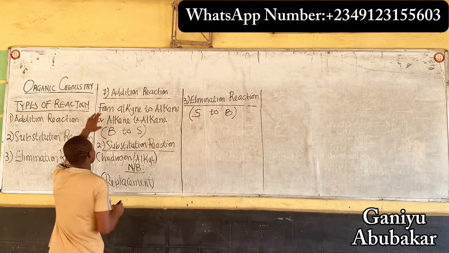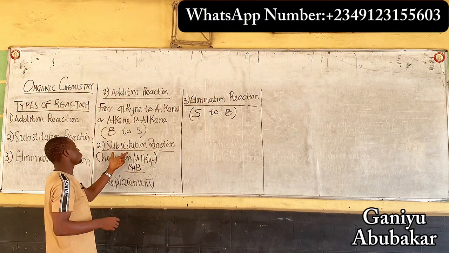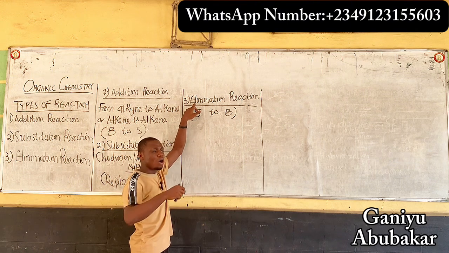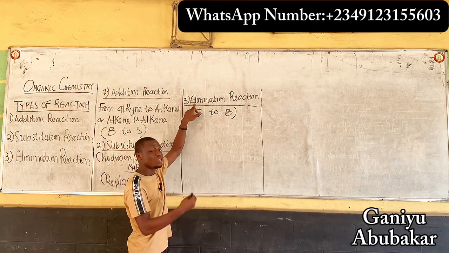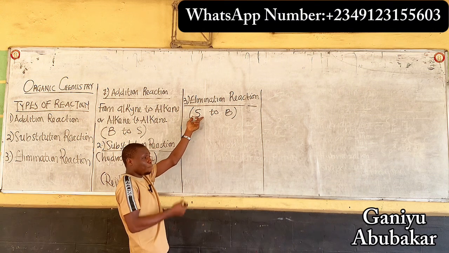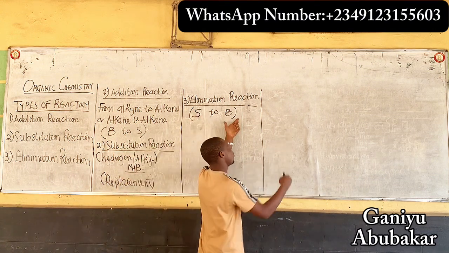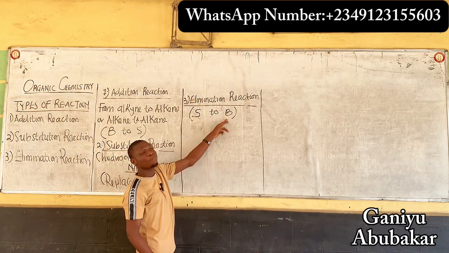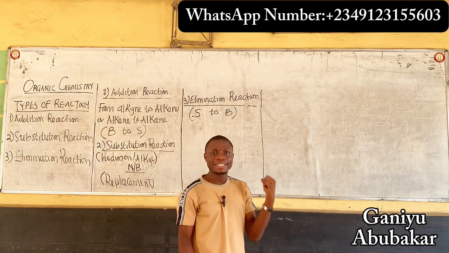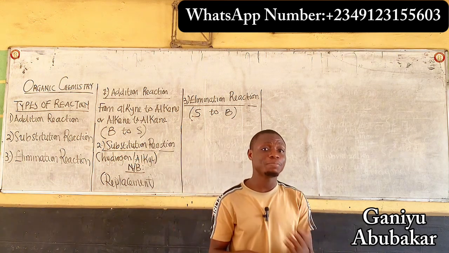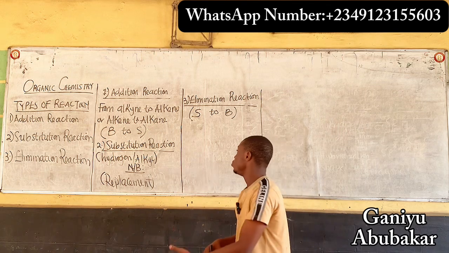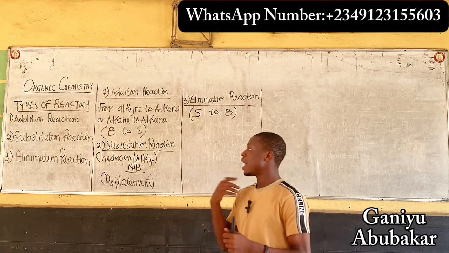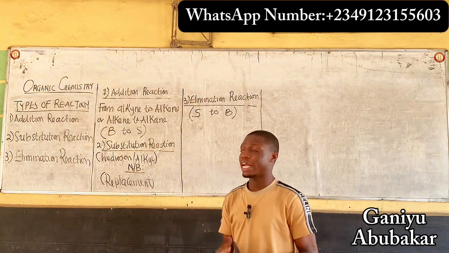Please, addition is bigger to smaller, substitution is replacement, and elimination is the removal of a substituent, or you understand it as a smaller compound moving towards a higher compound. The S means smaller, the B means bigger, to save time and space. All right, this is the understanding behind addition reaction, substitution reaction, and elimination reaction.